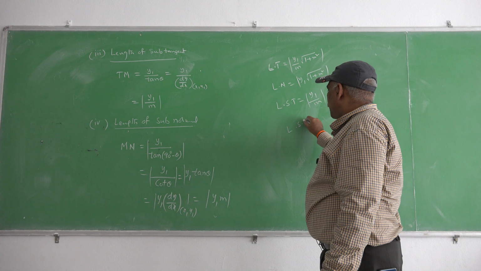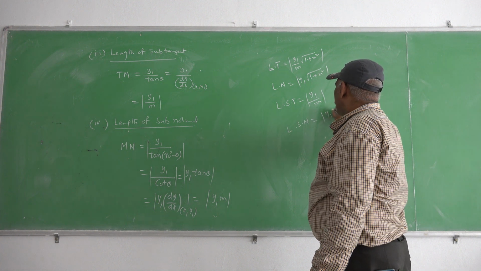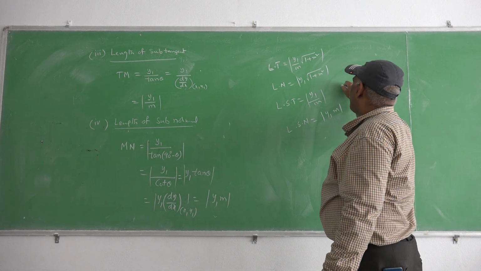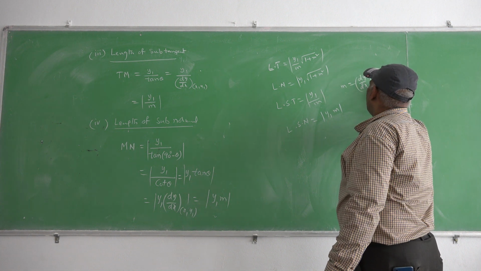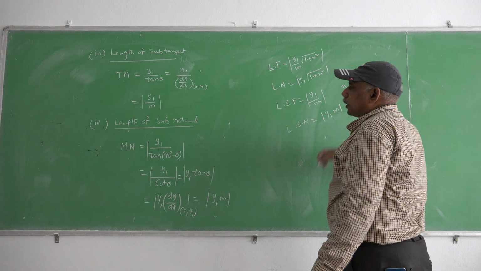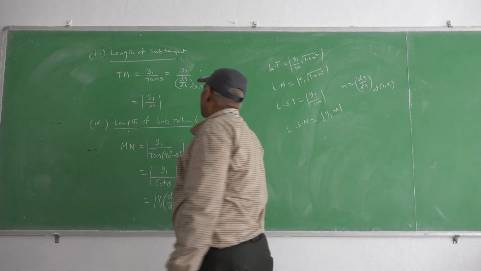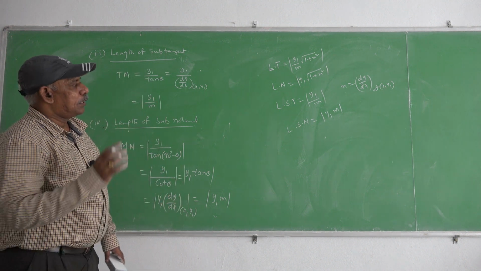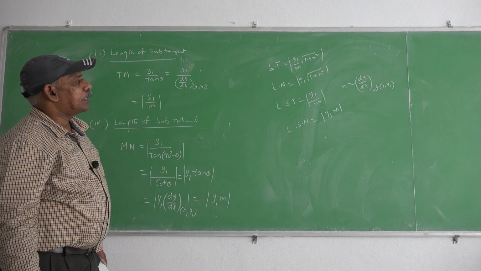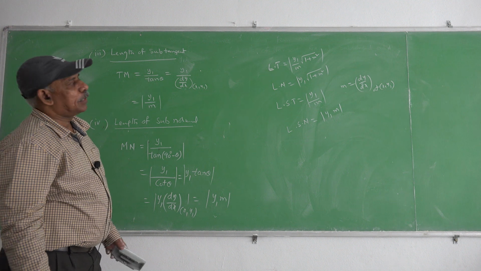Length of subnormal is modulus of y1 times m, where m is dy by dx at x1 y1, at the given point x1 y1 on the curve. So: length of the tangent, length of the normal, length of the subtangent, and length of the subnormal.